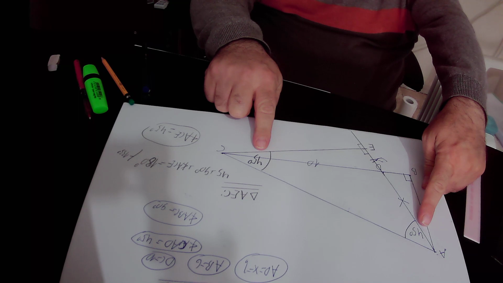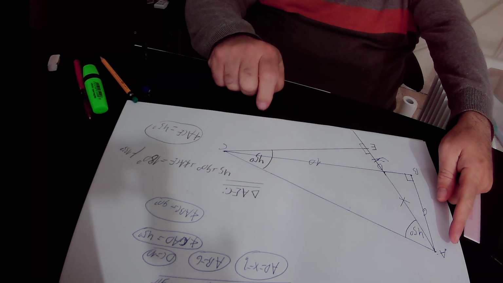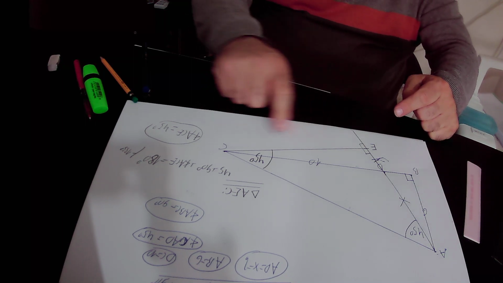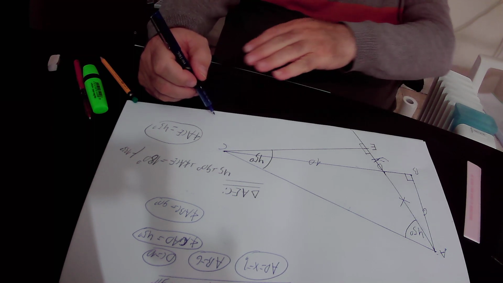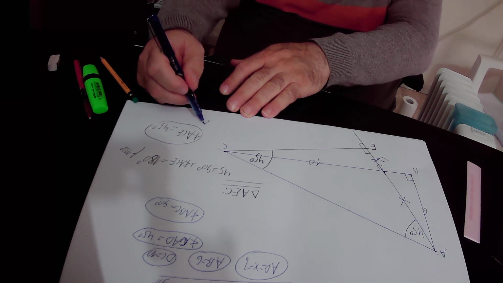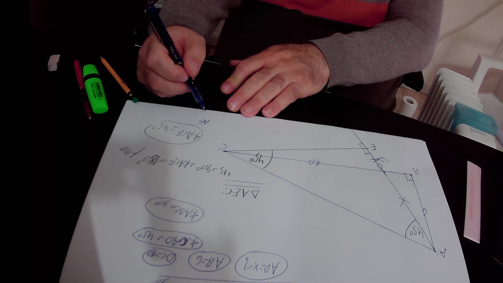Both those two angles are equal to 45 degrees, and we know that in front of equal angles in the triangle there are equal sides. That is to say, according to the rule that I mentioned, side AE must be equal to side EC. AE must be equal to EC, according to the rule that in front of equal angles in the triangle there are equal sides.